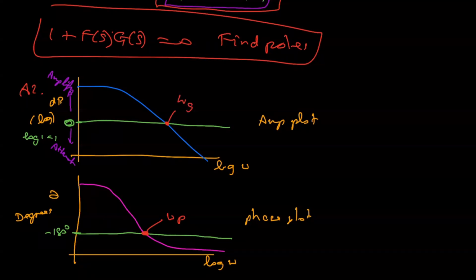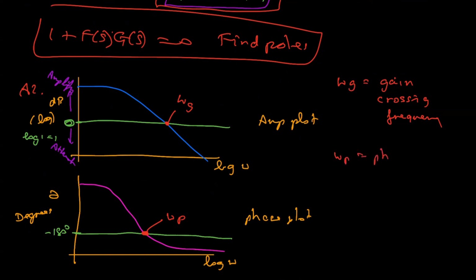Omega g is called the, I can't remember now, the gain crossing frequency. It's basically where the Bode plot passes the 0 point. It's the frequency where it crosses the 0 one. And then omega p, that's just the other one. That's the phase crossing point.